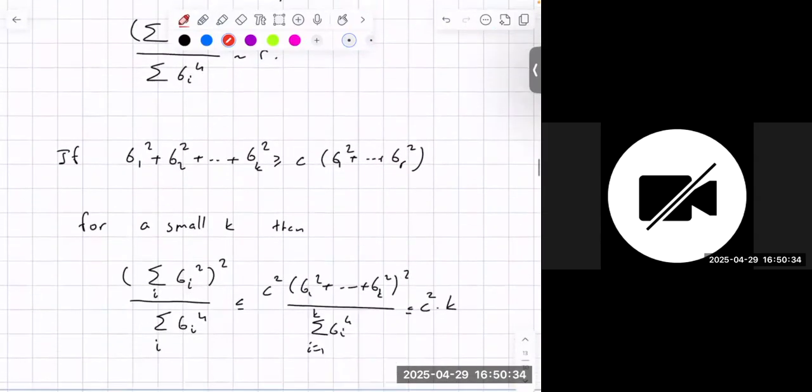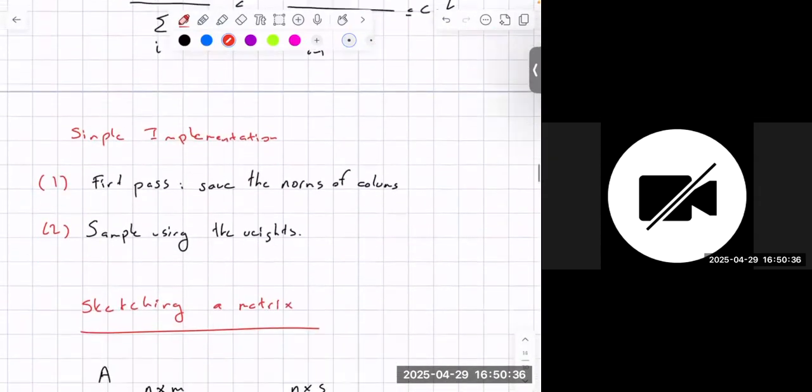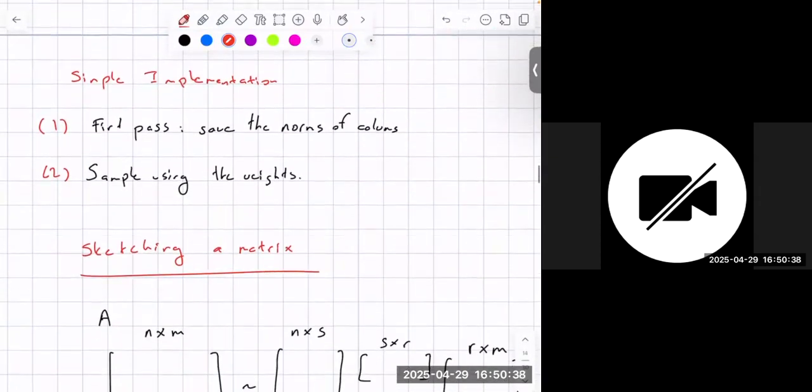That's called sketching matrix multiplication. As I said, in implementations, you would do a first pass, collect the norms of those columns and rows, then do the sampling using those column and row norms as we showed, and then repeat the sampling some number of times, and that's it.